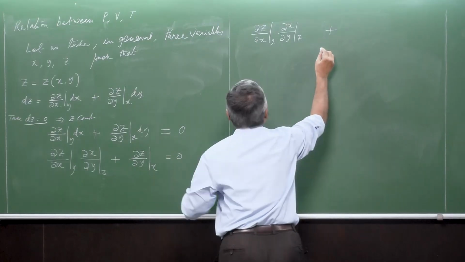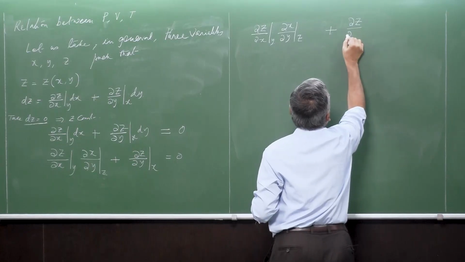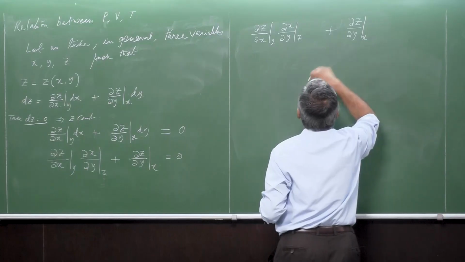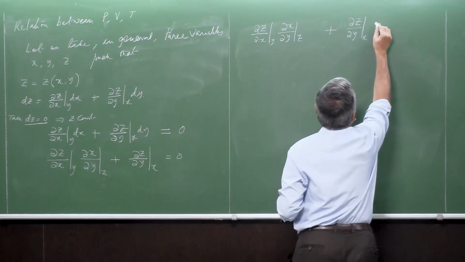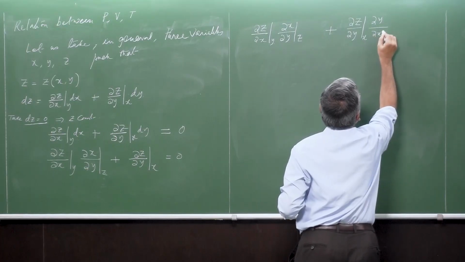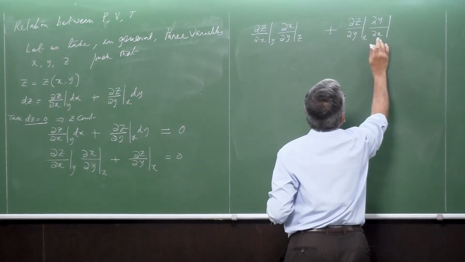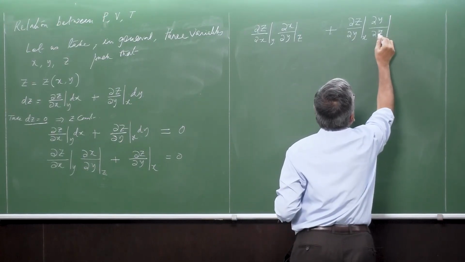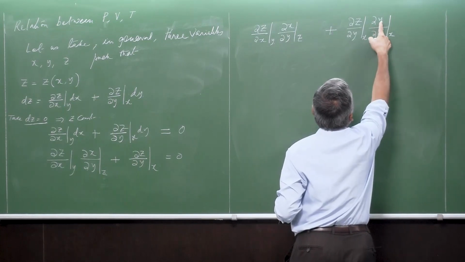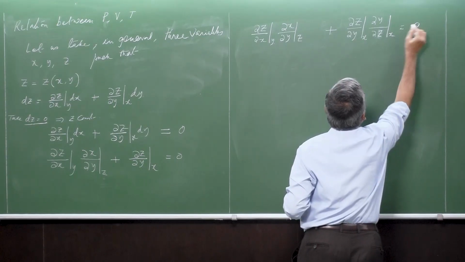we write it here del z del y at constant x, then what I write now is del y del x at constant z, times del y del z at constant x. We multiply this with del y del z and that is equal to 0.